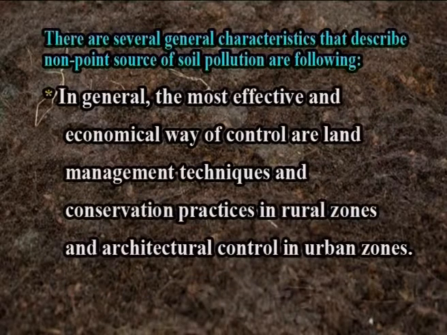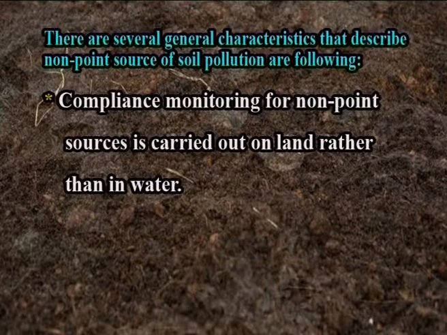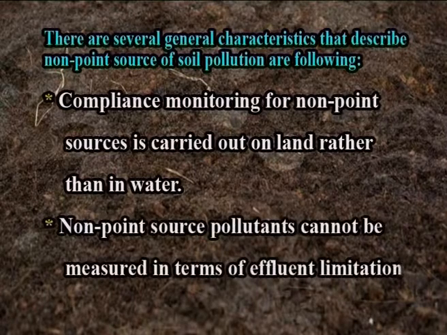In general, the most effective and economical ways of control are land management techniques and conservation practices in rural zones and architectural control in urban zones. Compliance monitoring for non-point sources is carried out on land rather than water. Non-point source pollutants cannot be measured in terms of effluent limitations.